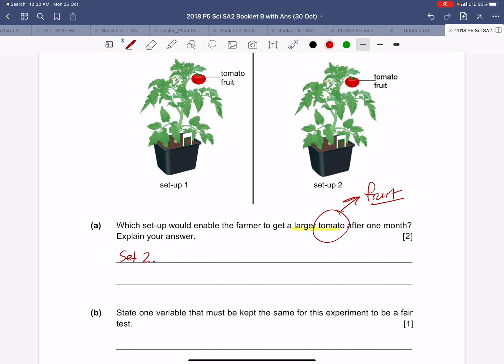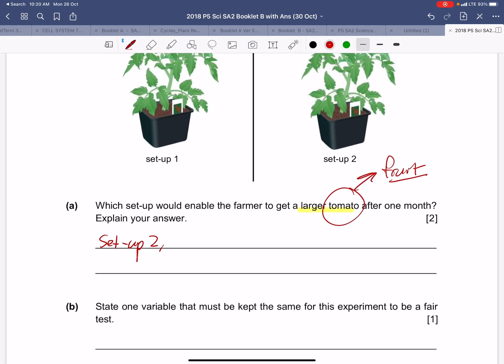So you need to first say that, in setup 2, there is a higher light intensity, which increases rate of photosynthesis.